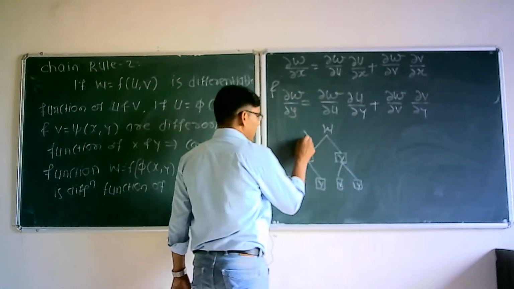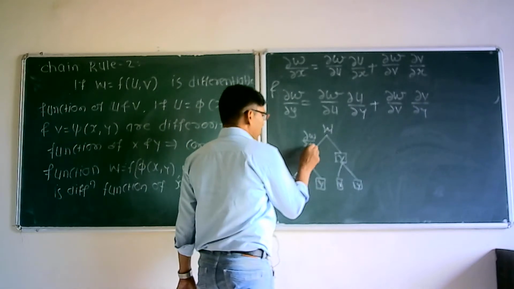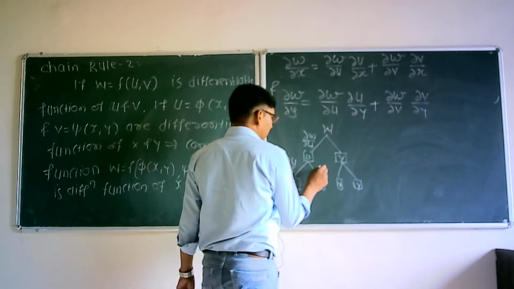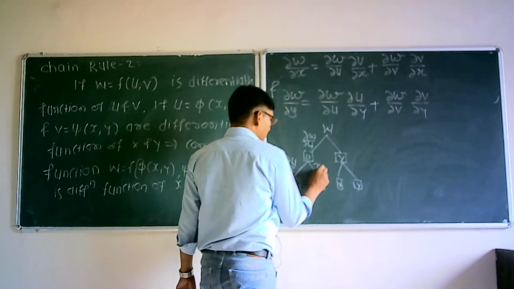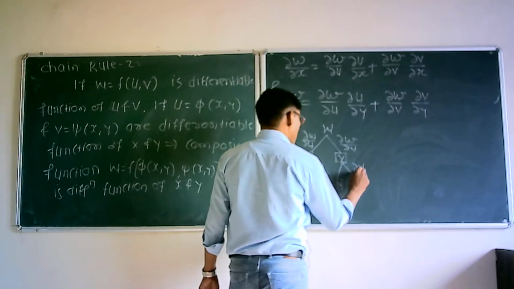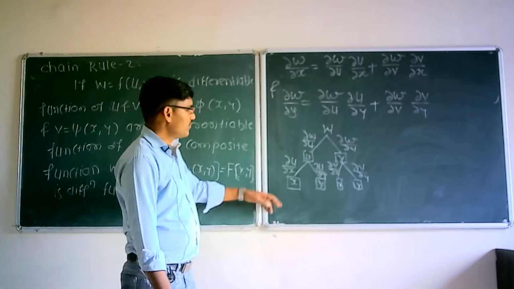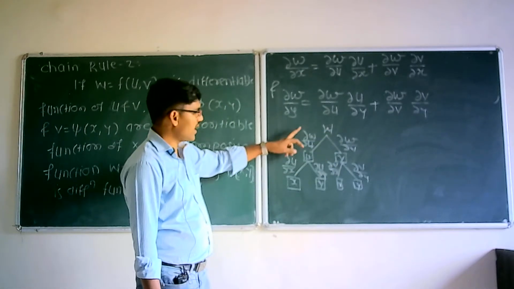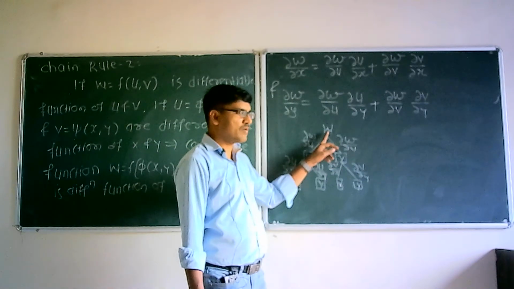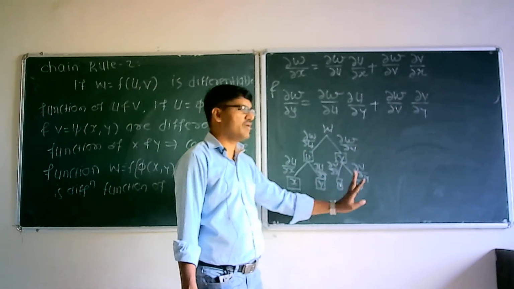So what is the partial derivative of w with respect to x? ∂w/∂u times ∂u/∂x plus ∂w/∂v times ∂v/∂x. The partial derivative of w with respect to y is ∂w/∂u times ∂u/∂y plus ∂w/∂v times ∂v/∂y.